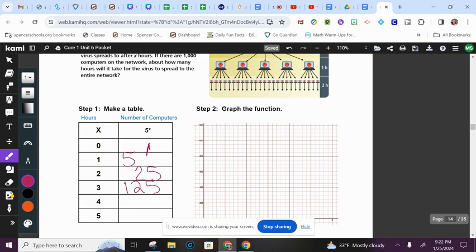And hopefully you're seeing that repetitive pattern. Remember, B is 5 here, and that repeated number, that constant ratio, as we keep multiplying by 5. 5 to the fourth power is 625. And then 5 to the fifth power is 3,125.